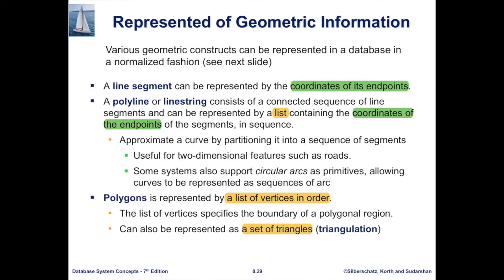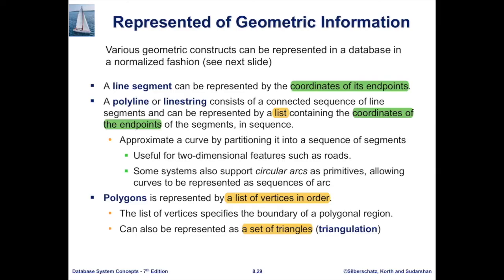Tapos, we have a polyline or a line string. Sometimes ginagamit to represent roads, which is just a list containing coordinates of endpoints or just a list of line segments. Tapos, we have, in general, a polygon, which is represented by a list of vertices that is in order.